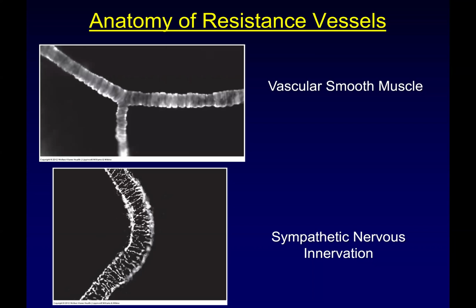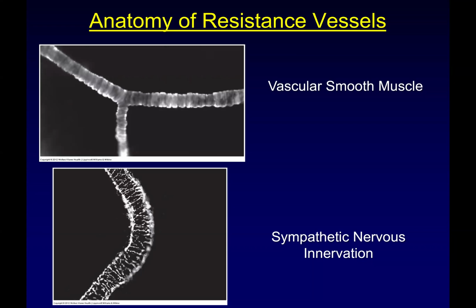Next, if you take the smooth muscle and you dissolve that away, and then you dissolve away the layers of the arteriole itself as well, you're left with what you see in this picture. This is stain where that sympathetic perivascular plexus has been stained. And so you can see all of the sympathetic nervous system nerve endings that are going to be adjacent to or associated with that smooth muscle.